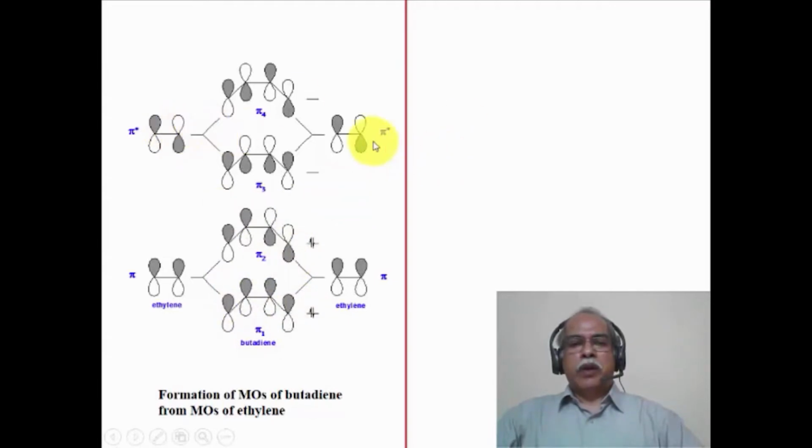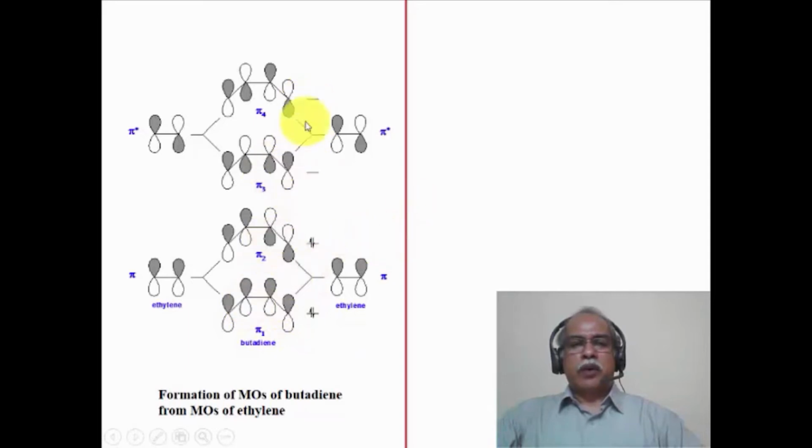Then take the 2 antibonding molecular orbitals. You can have a symmetrical combination or an antisymmetrical combination of these 2 pi star molecular orbitals, in other words the antibonding molecular orbitals of ethylene. Now butadiene is supposed to have 4 molecular orbitals.